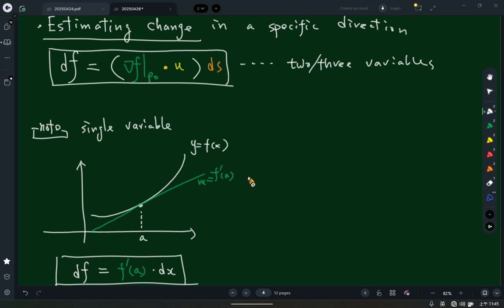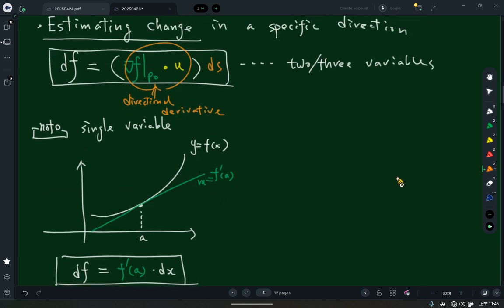So for 2 or more variables, we also can get this part. Did you notice this is the directional derivative times a small change in s, ds?